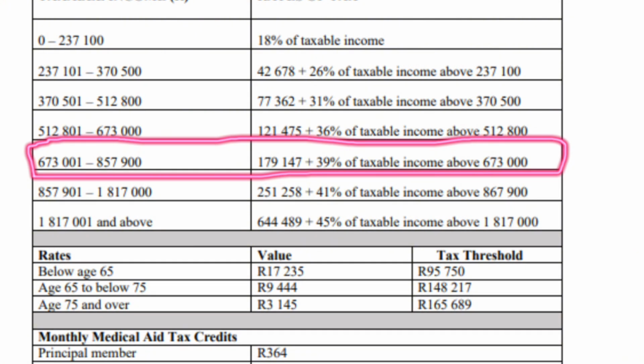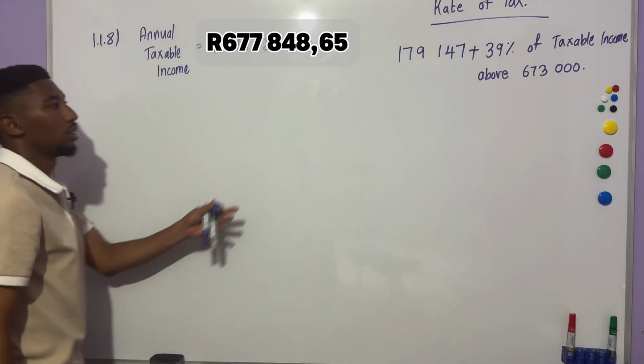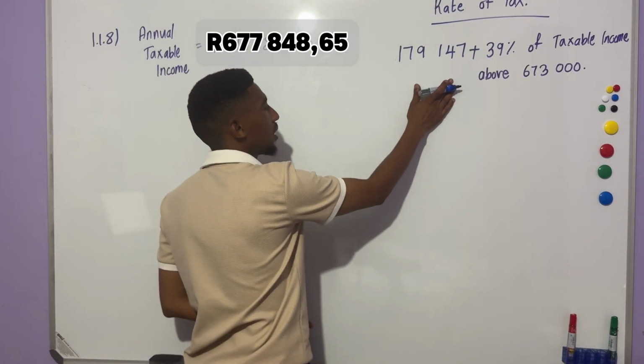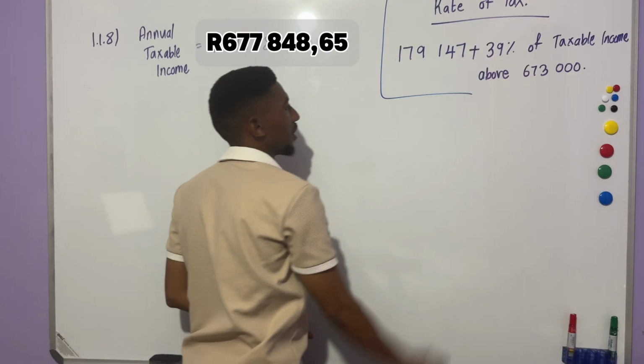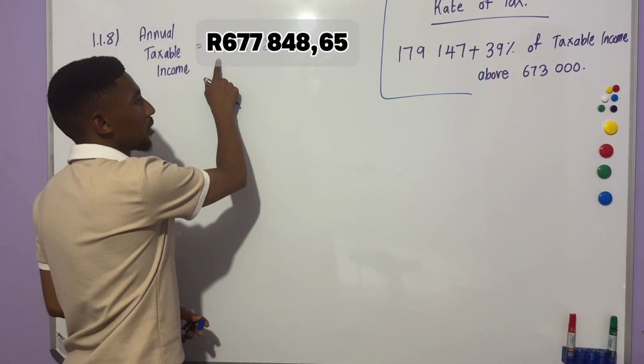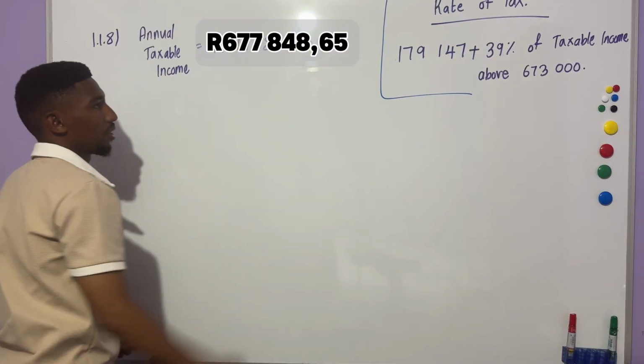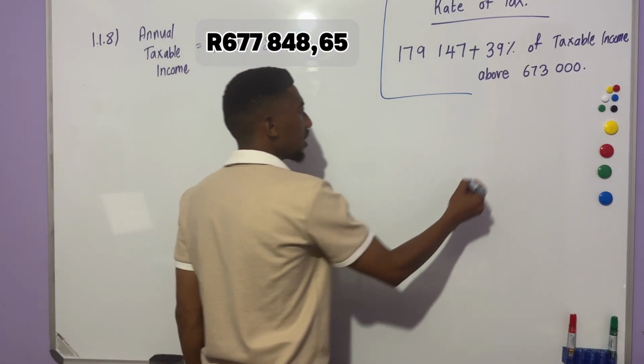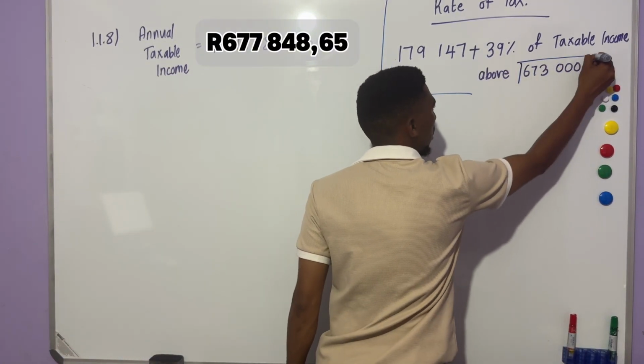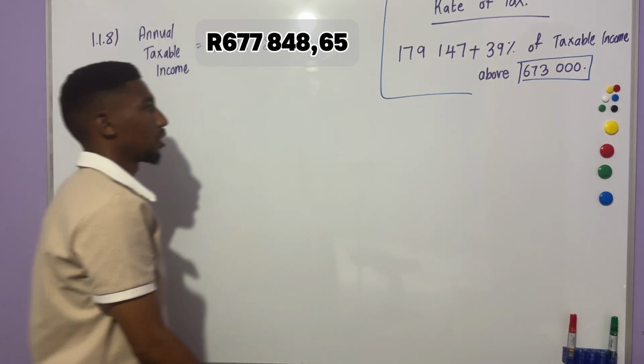Now, 677,000 falls under the fifth tax bracket. This is the rate of tax. Now that we've identified the tax bracket, which is very, very important, the first step we do is we subtract from our annual taxable income.